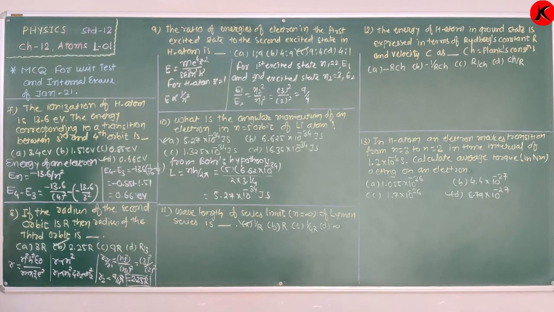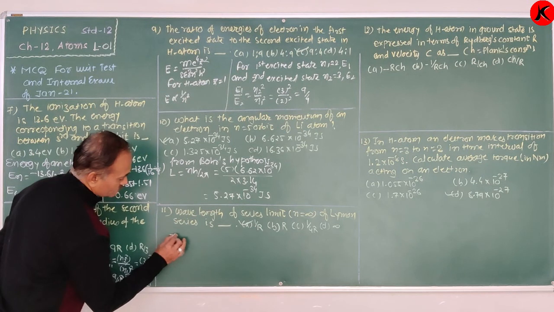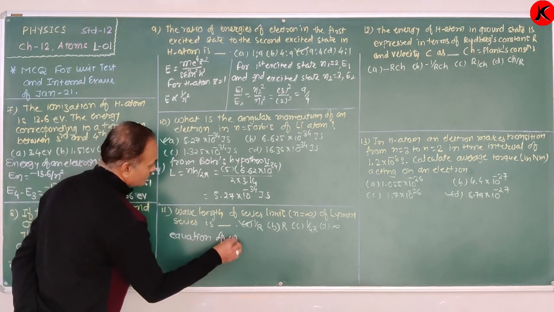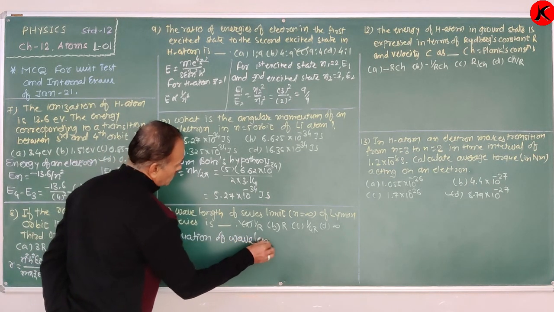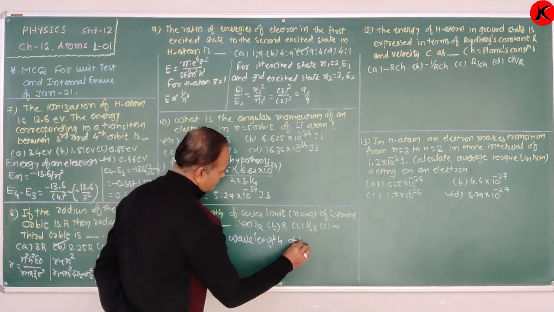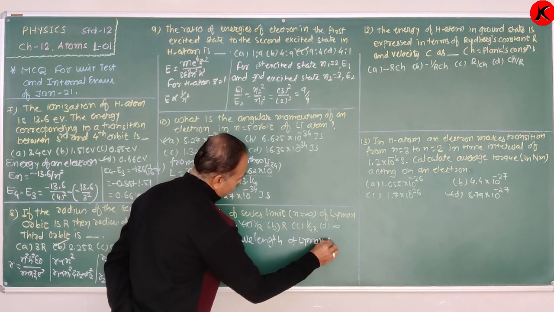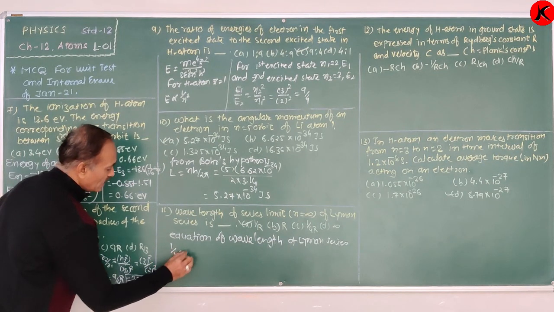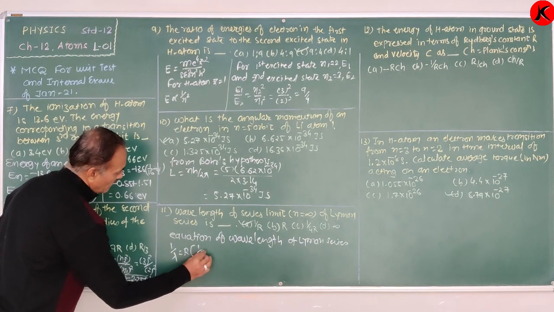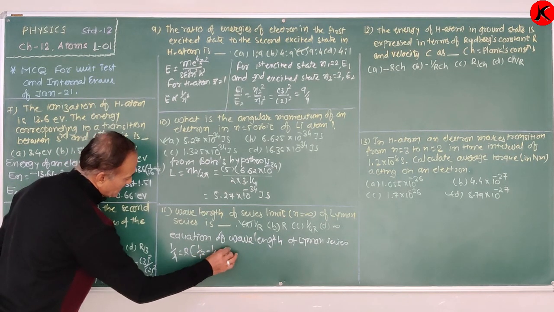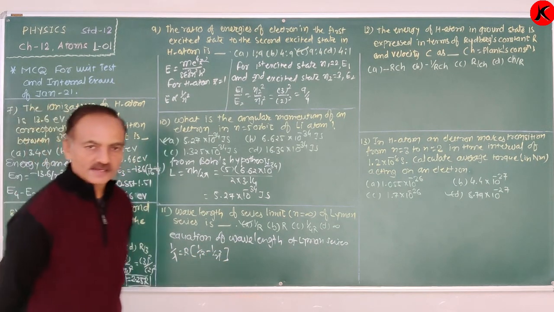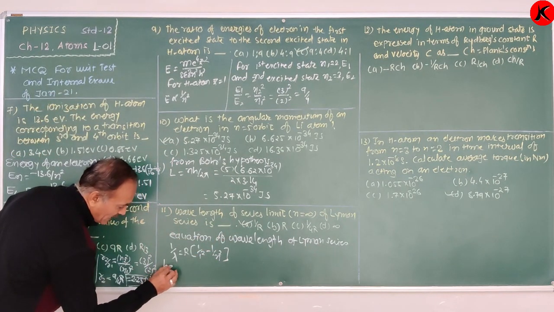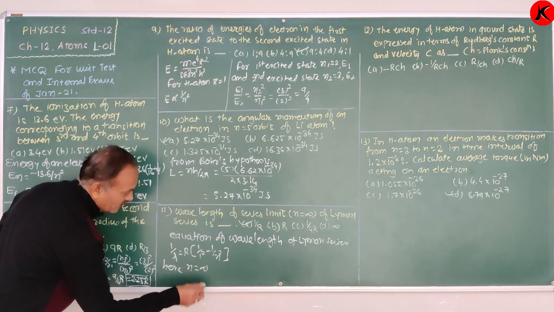Now the equation of wavelength of Lyman series is 1 upon lambda is equal to R into 1 upon 1 square minus 1 upon n square. Value of n is greater than 1, for 2, 3, 4 and so on. Here n is given as infinite, n is equal to infinite.